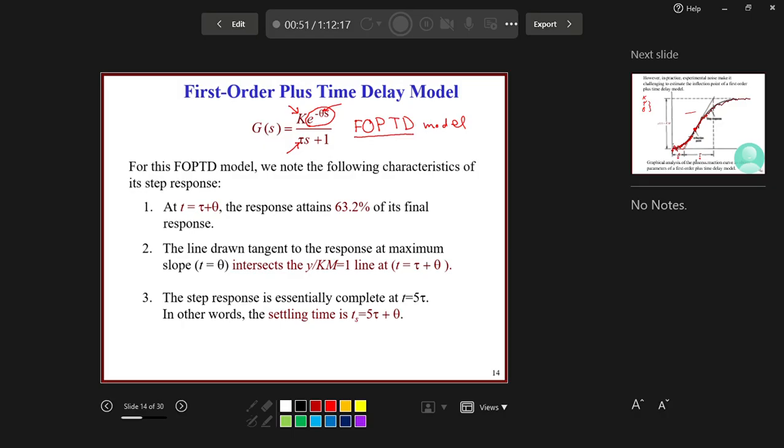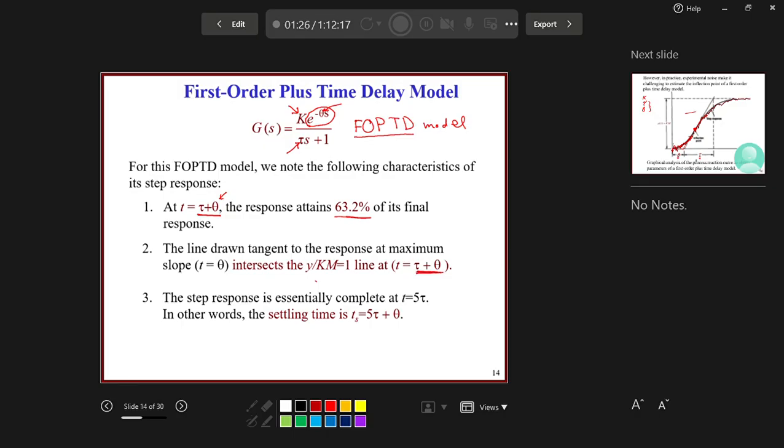The first order response has some properties. The first is that the response attains 63.2% of its final state value at a time of tau plus theta. Remember that we have theta here, that's why we have added it to the tau. Then the tangent at time equal to 0 intersects with the steady state value at t equal to tau plus theta.